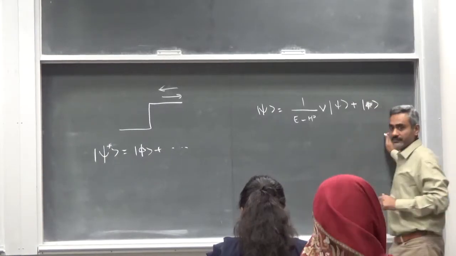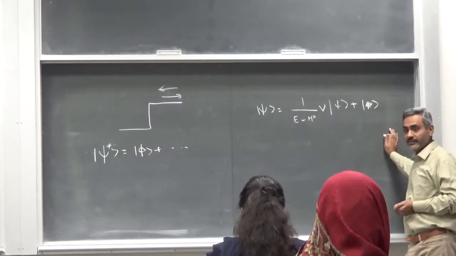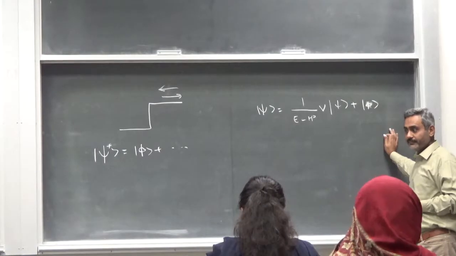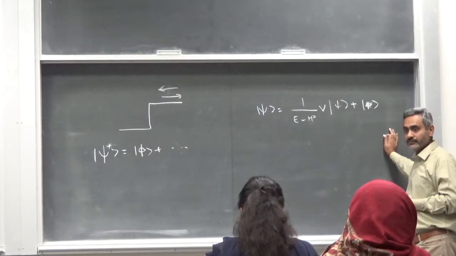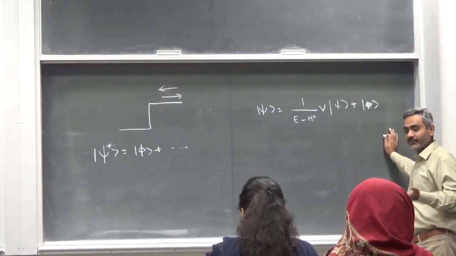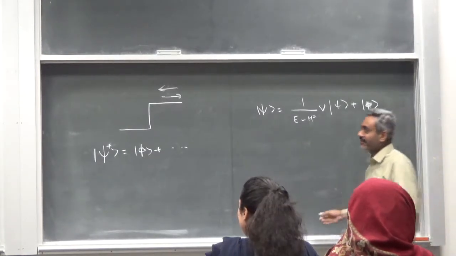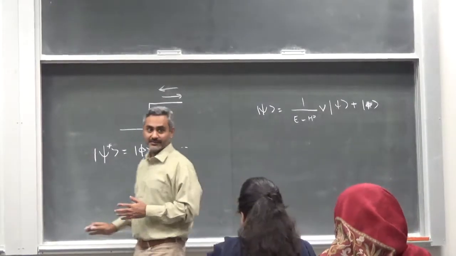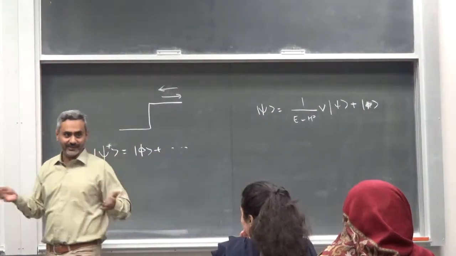Right? It was like this. That just comes from the Schrodinger equation. This has come from this equation. So can you help me again with what you're asking?